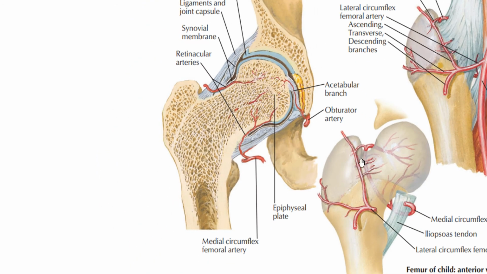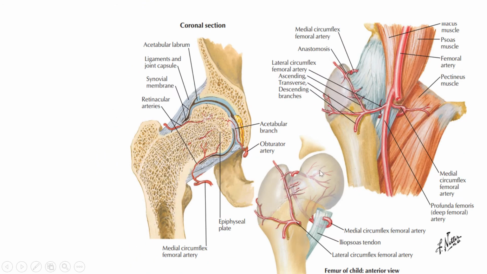Now I'm going to this. Look at this, this is the femoral artery. It has its branch, which is called the profunda femoris, or deep femoral artery. It further has two branches: lateral circumflex and medial circumflex.